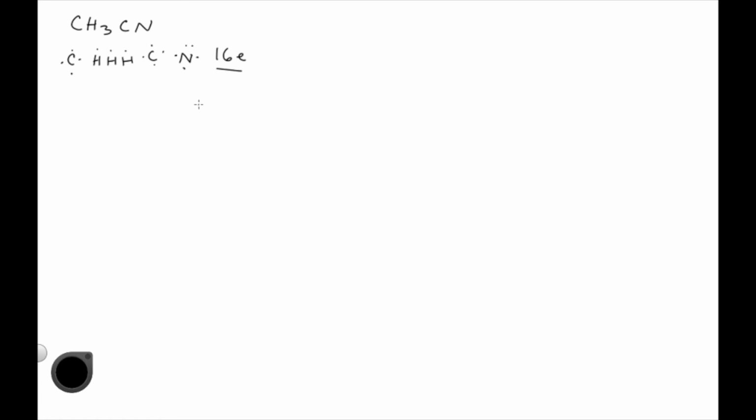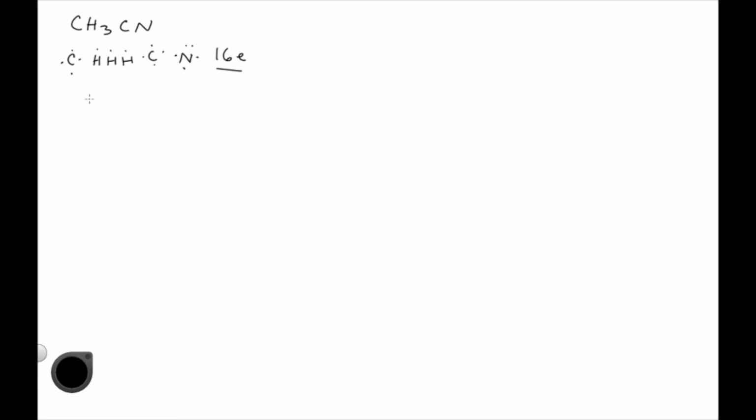So now we connect the atoms that form more than one bond. That's going to be our two carbons and one nitrogen, right? Because these are the only atoms in acetonitrile that form more than one bond.